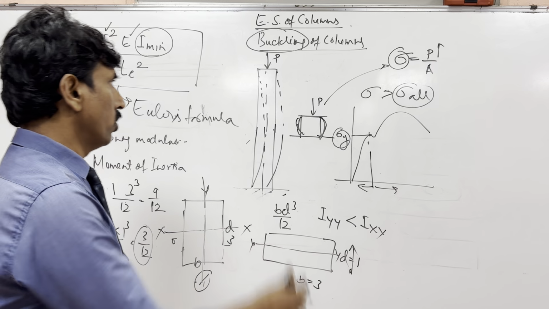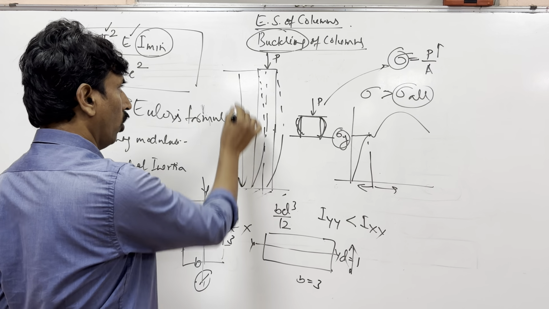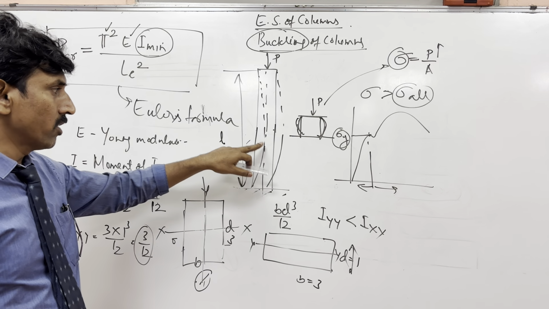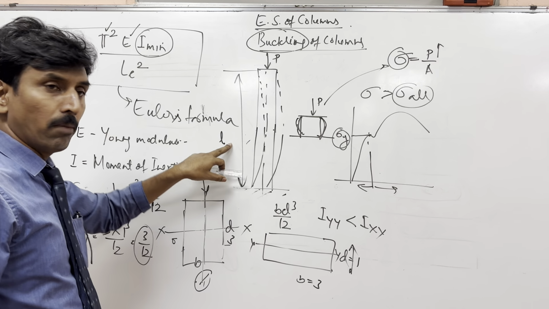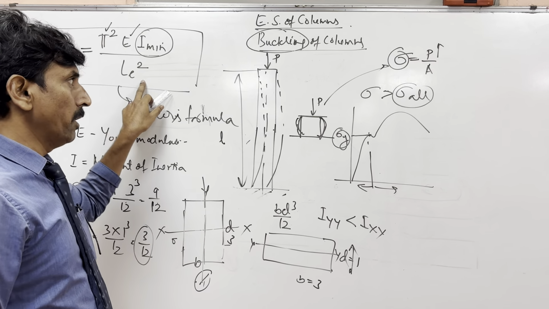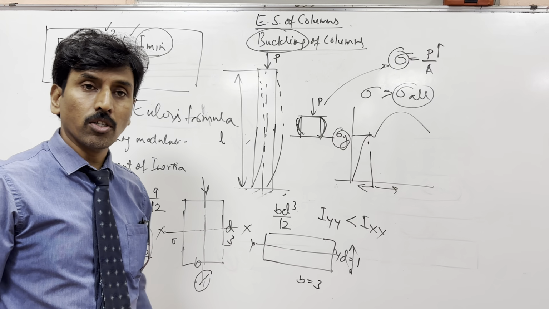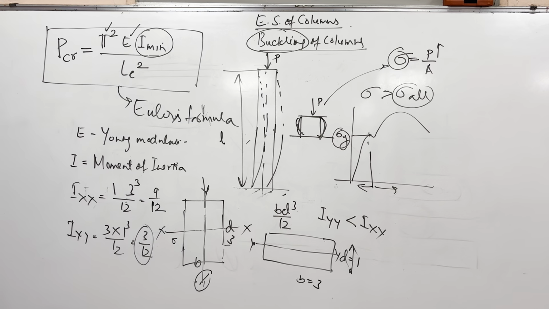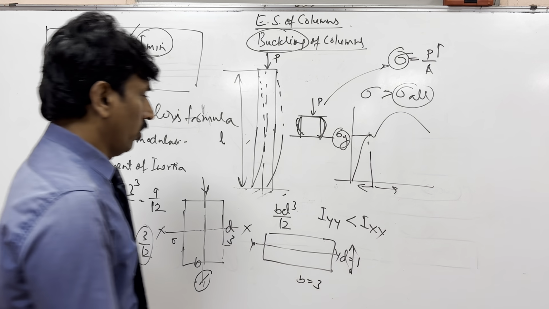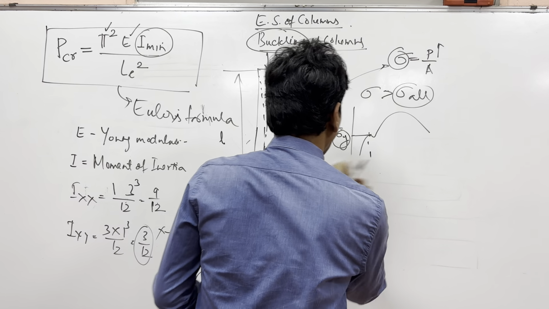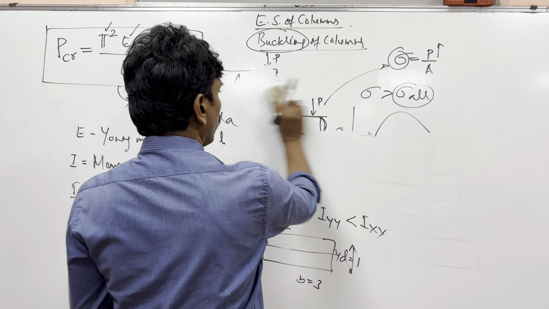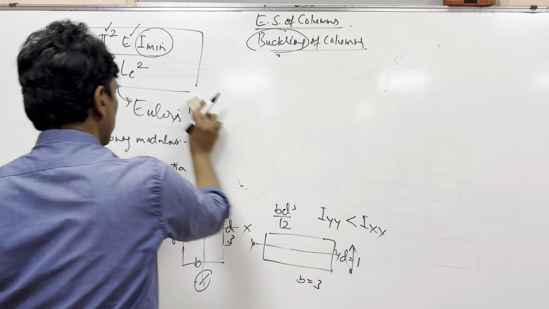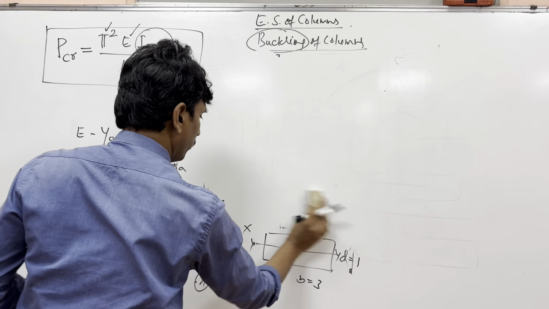You can't take the length of the column as the same length, because LE depends on what are called the end conditions. So as an introduction to this chapter, we will now learn the 4 end conditions Euler mentioned. I will show you now.